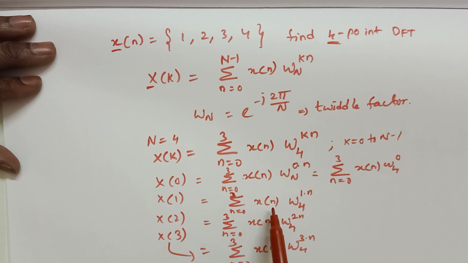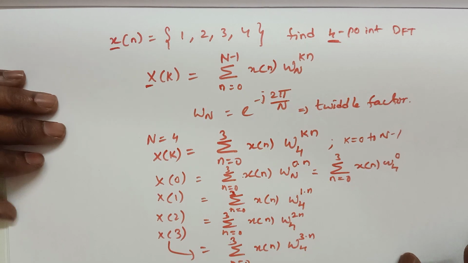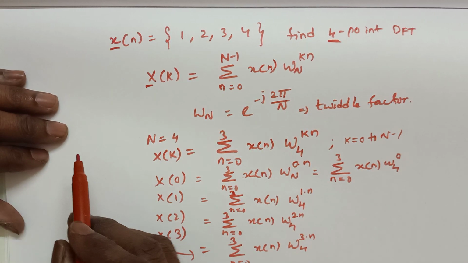We know x of n in the given formula. The only thing is, if we know the W_4 power values, then we can substitute and calculate the complete summation. So let's see the twiddle factor.